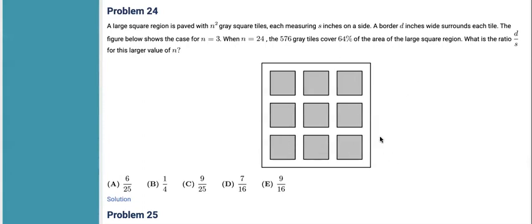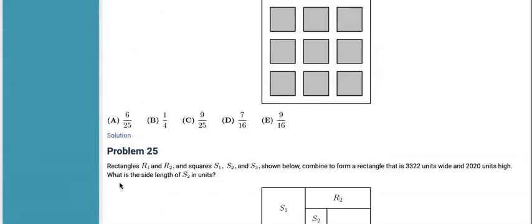So 24 times s has to be 4 times 25 times d. So that means 6s has to be 25d, so d over s has to be 6 over 25, which is A. So the answer, I believe, should be A.